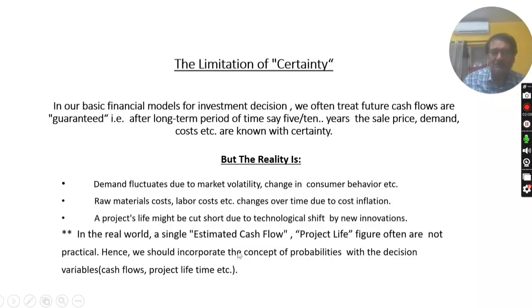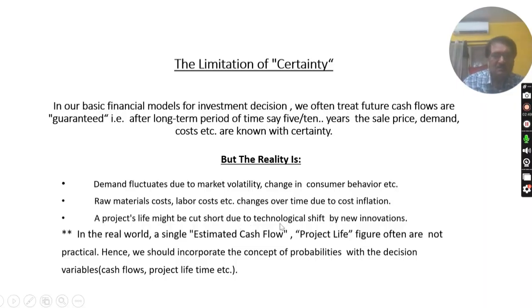A project's life might be cut short due to technological shift by new innovations. That is, the life of the project cannot be determined or forecasted with certainty because technology is changing and there are so many other economic interactions in the market for which the economic life of the project also changes.